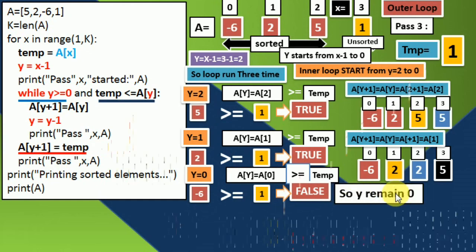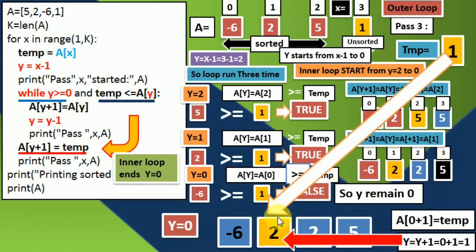It means it replaces that yellow box too, because it has already been copied to the right side, and we change that value with the 1, because minus 6 is the lowest value, and between 2 and minus 6 we need to keep the copy of that 1. So y remains in the same place, that is 0, and 0 plus 1 is 1.